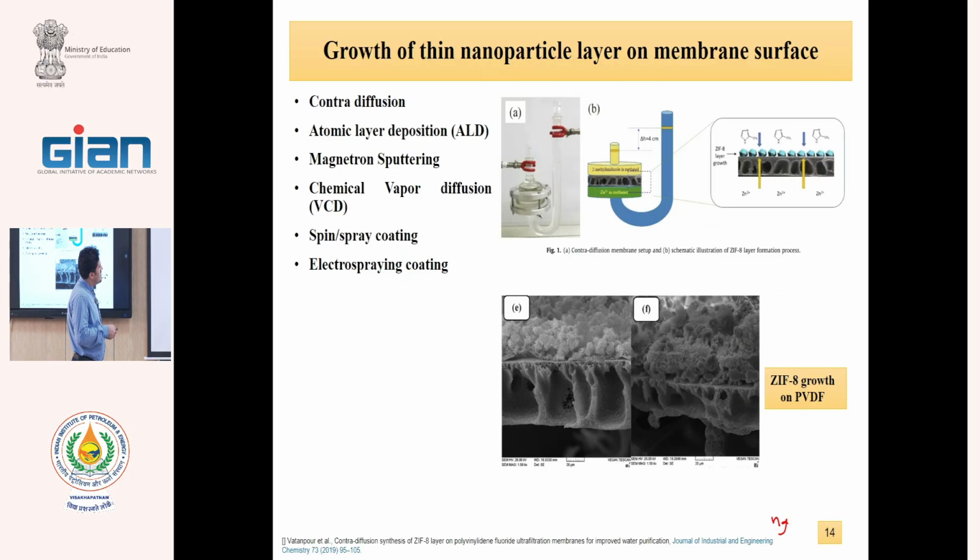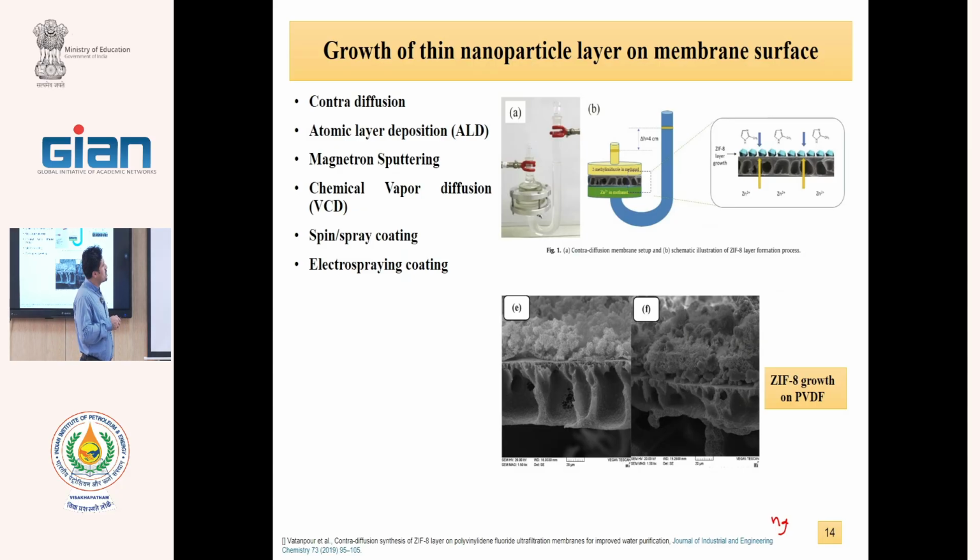For example, in this paper, ZIF-8 was grown on the PVDF support. For fabrication of the ZIF, we need zinc ions and 2-methylimidazole ligand.